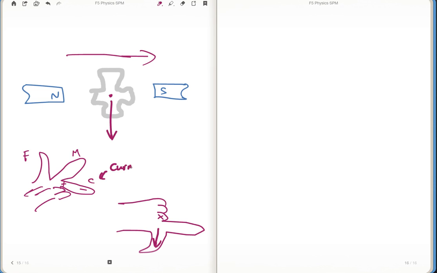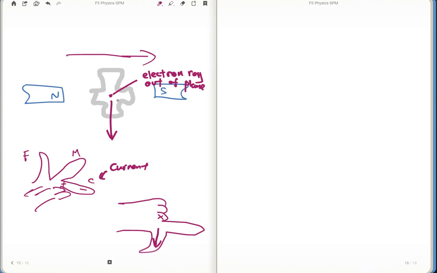Current moves from positive to negative. This is the electron ray, coming out of the plane, coming out from you. That's why a hole is a dot.